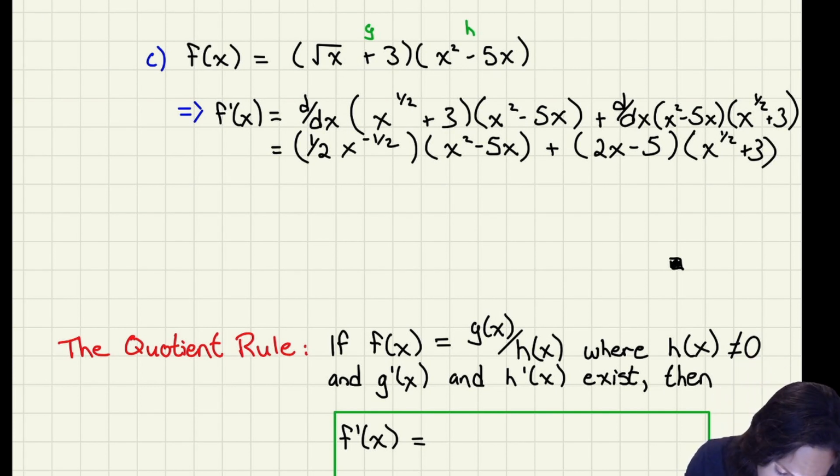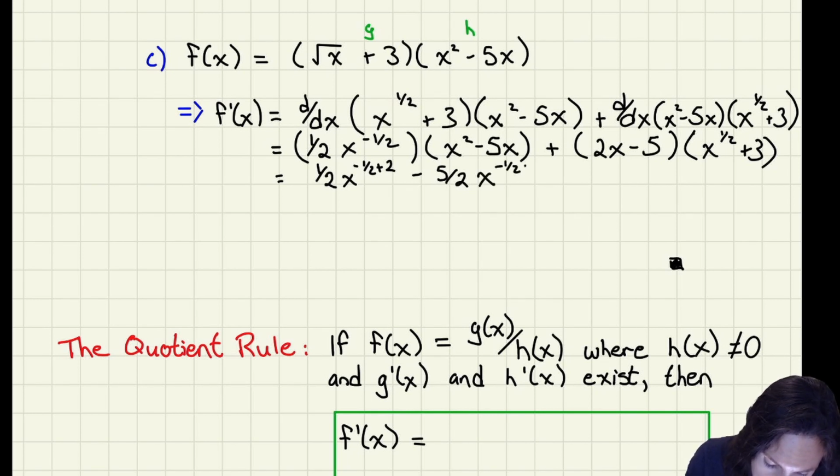Okay, now let's do some expanding. So I'm going to distribute this term into here and then into here. So I'm going to have 1/2 x. Now I'm going to have minus 1/2 plus 2 in my exponent. And then I'm going to have minus 5 over 2 x to the minus 1/2 plus 1. Okay? And then we're going to have plus 2 x to the 1 plus 1/2.